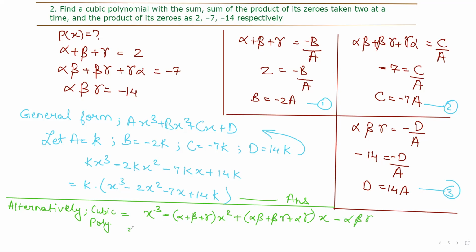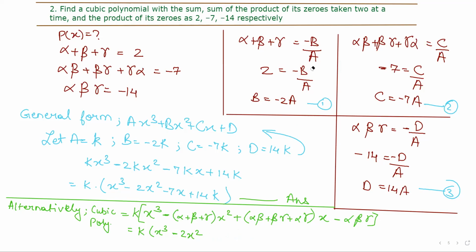If you substitute the given values over here, you get, and this has to be multiplied with k in a general form. So k multiplied by x cube minus this value given is 2, so 2x square plus of minus 7, plus this value is minus 7, into x. So instead of writing it like this, we merge them. Plus minus will be minus.